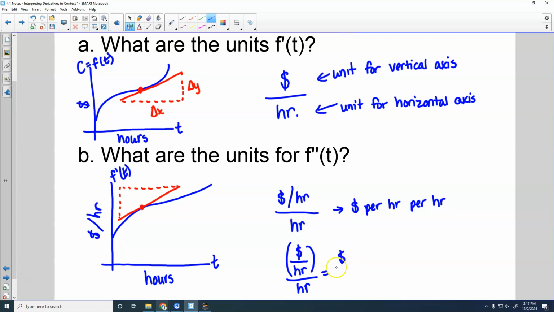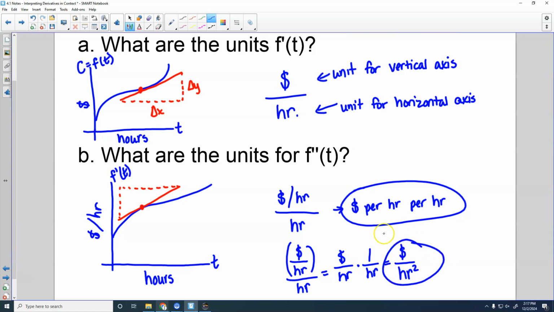So this would be dollars per hour times 1 over hours. What do I get when I multiply those together? On the top I'll have dollars. On the bottom what do I have? Hours squared. So another option, this works, dollars per hour, dollars per hour squared also works for that.